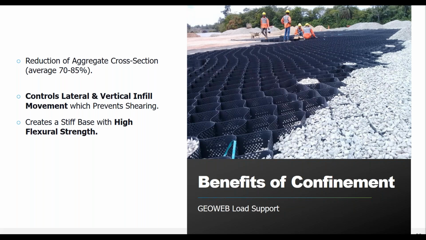So if you want to have less stress on your subgrade, you want to have thinner cross sections, that sort of thing, GeoWeb is the way to go. And we are always happy to talk about how it works, talk about those sorts of specifics, but then also determine what is going to be most appropriate for your individual project.